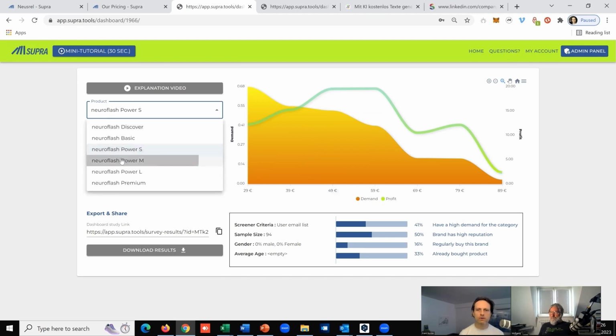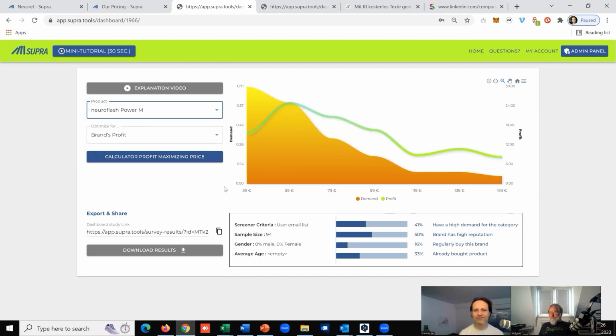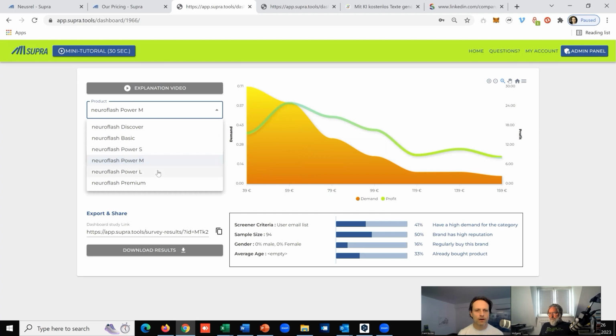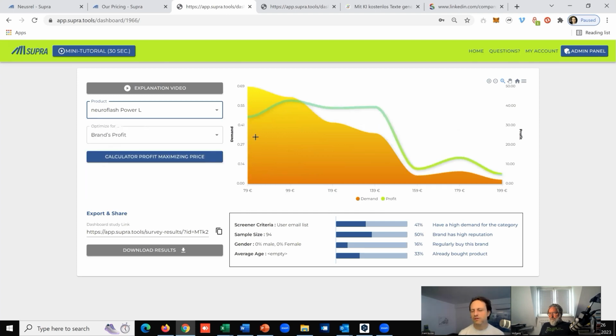For the next, which is sold for 79, it's actually the profit maximum at 59, right? So here we have a real problem, because the actual price is way too high. The L package is sold for, I think, 129. And the optimum you see is at 99.